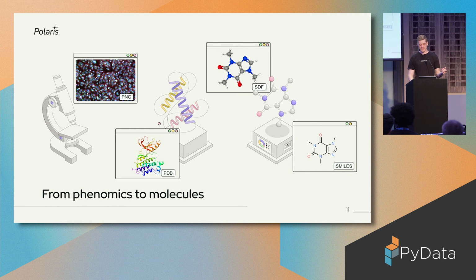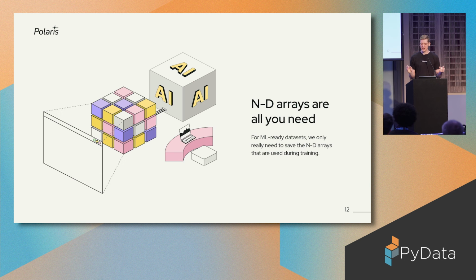But one realization we had somewhere along the way is that we don't really care about these specific file formats. PDB files serve a very specific purpose, to be used mostly by biologists. We're not building for biologists, at least not primarily here. We're building for machine learning scientists. We want to simplify the machine learning process.